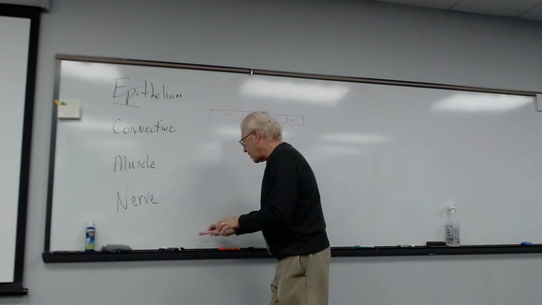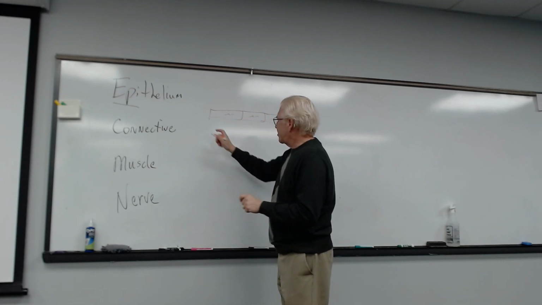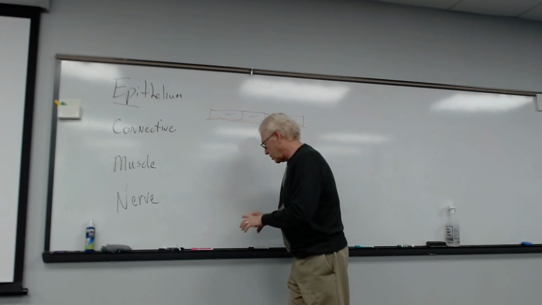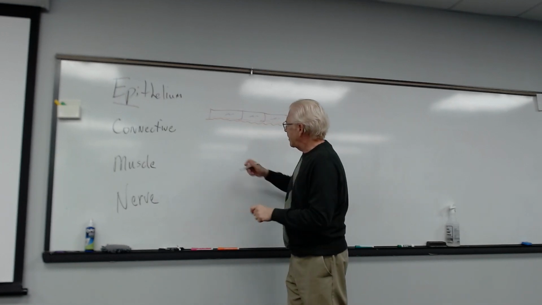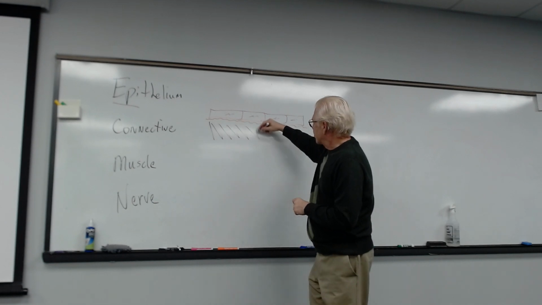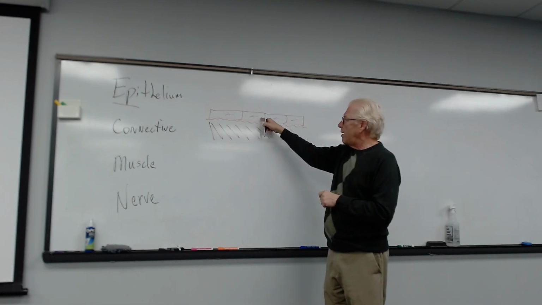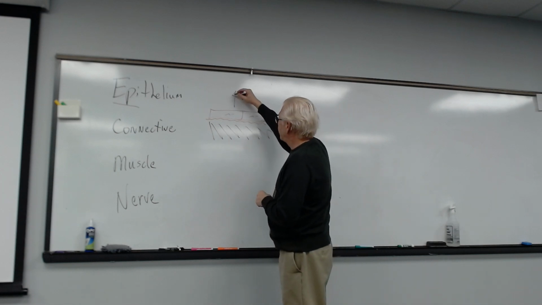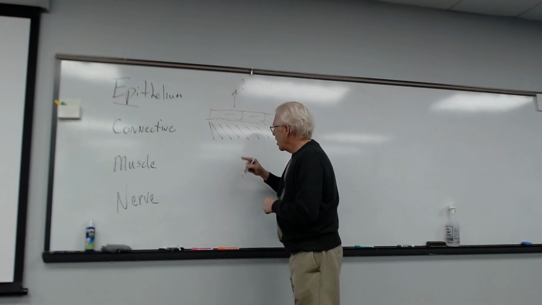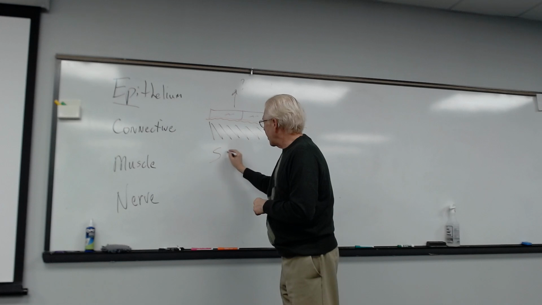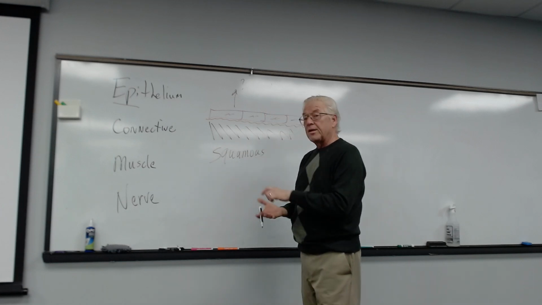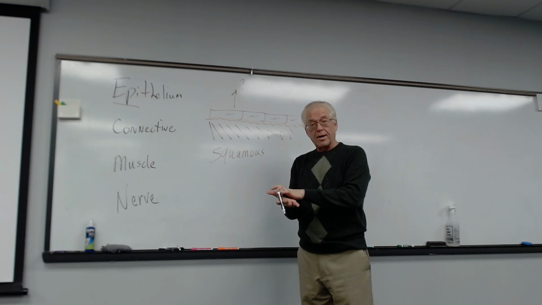And you see they are attached to a basal membrane, and then underneath that is connective tissue. But what is above this? Nothing. Okay? See? Up above it? Nothing. Okay? What do we call these? Squamous. Squamous cells means flat. All right?